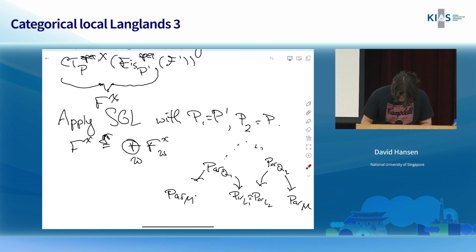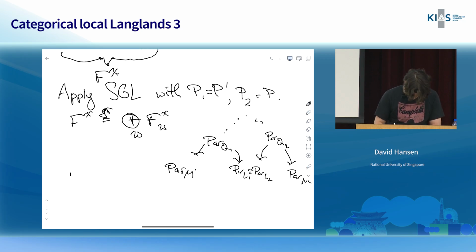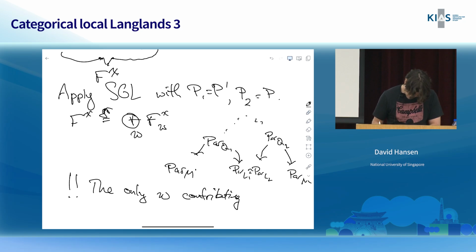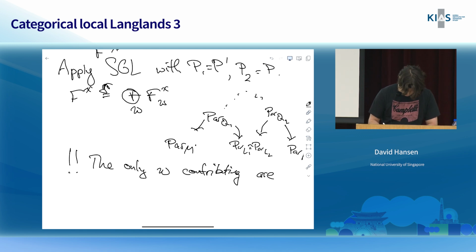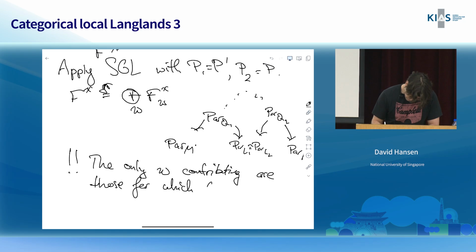So the only W's that contribute, this gets a double exclamation, are the ones where Q1, which is a priori a parabolic in M prime, is all of M prime. So Q1 actually equals M primed. And then in this case, because it's a parabolic with Levi L1, this means it also equals L1.